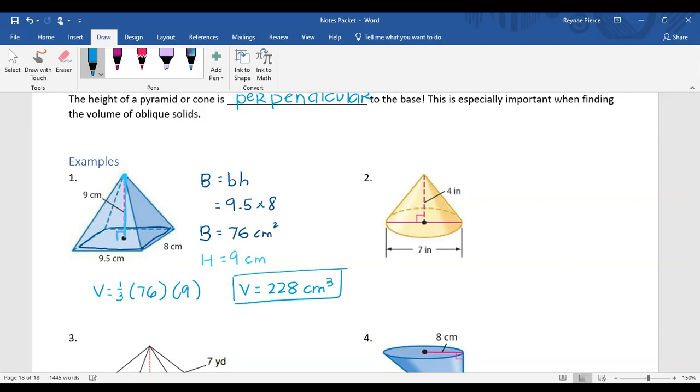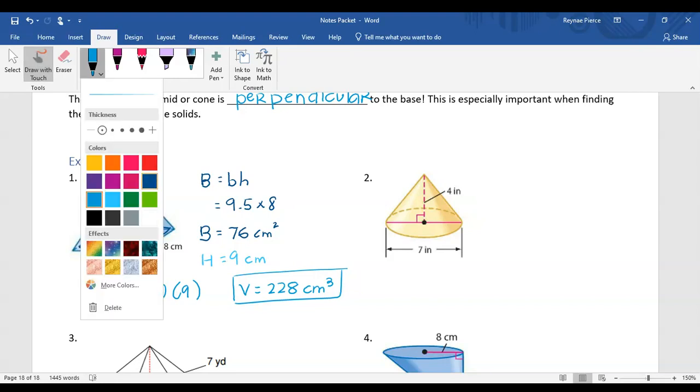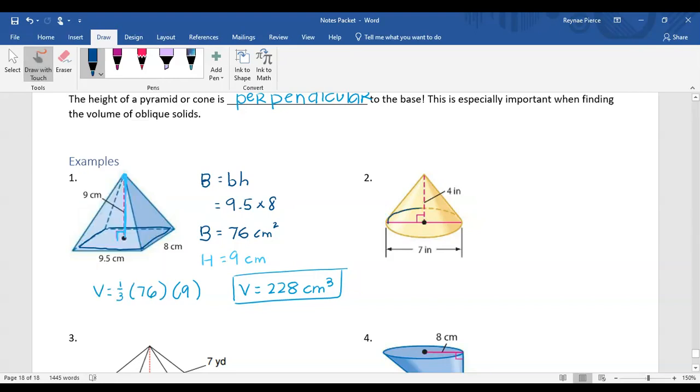Number 2, we've got a cone because our base is a circle. 7 is our diameter, which means our radius is 3.5, which is the information we need to find the area of that circle.